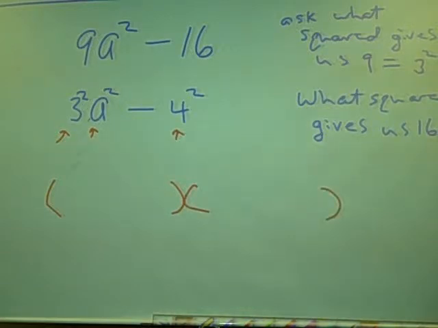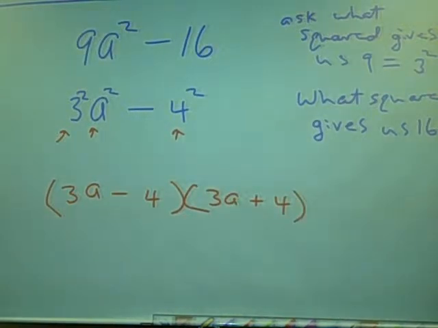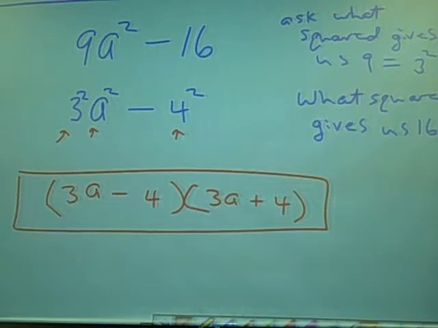So now all we do is we take 3a minus 4 and 3a plus 4. So all we're doing is we're taking just the bases for each one of the exponential expressions, and we put them into our difference of two squares. Okay? Questions with that?